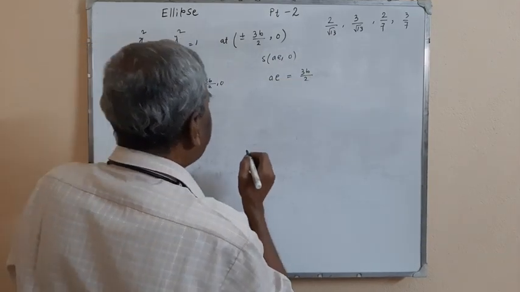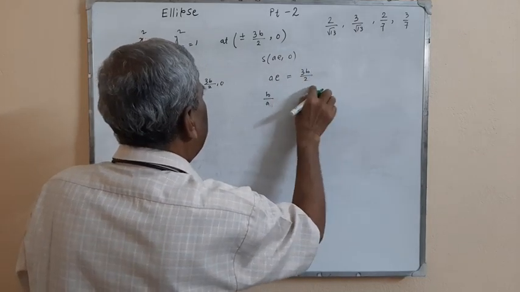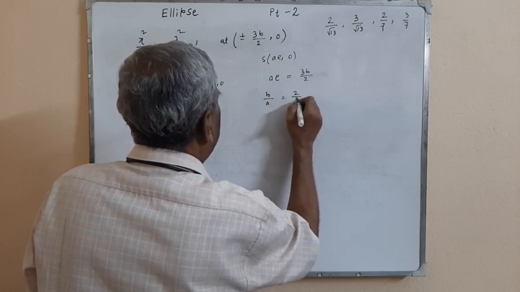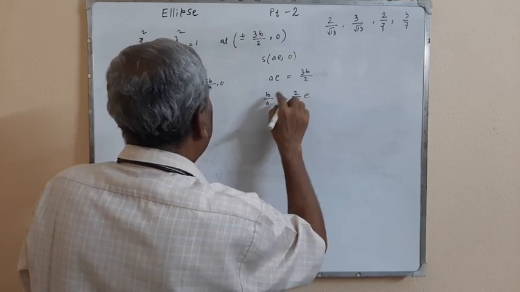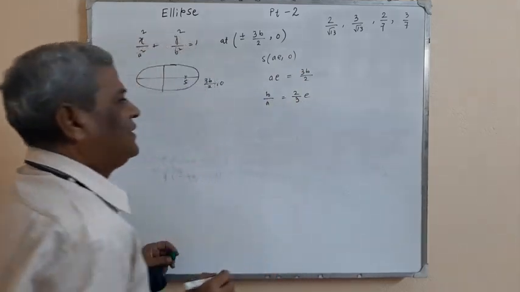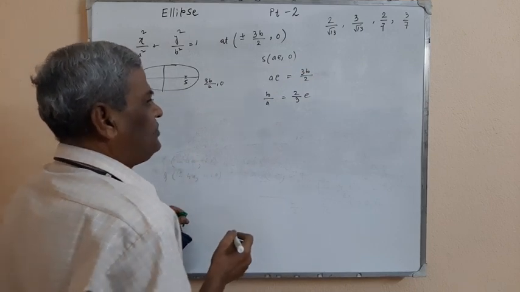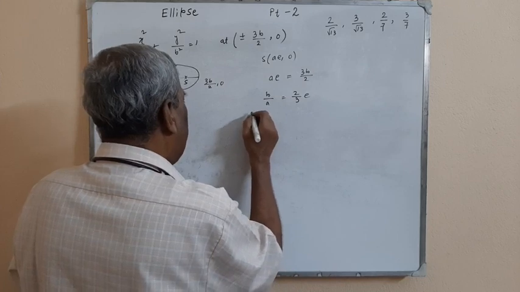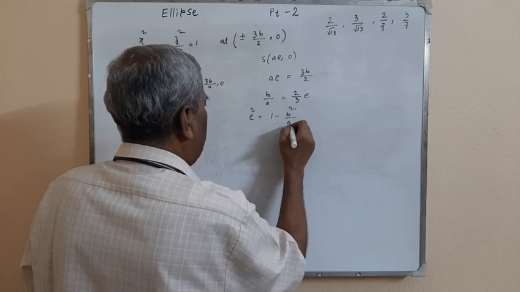So that B by A is equal to 2E by 3. Okay. Again, eccentricity can be obtained from this formula: E square is equal to 1 minus b square by a square.